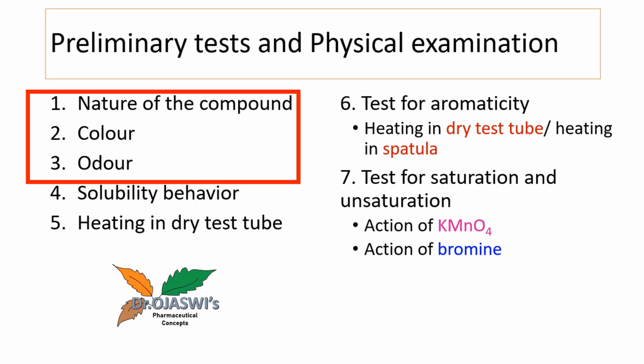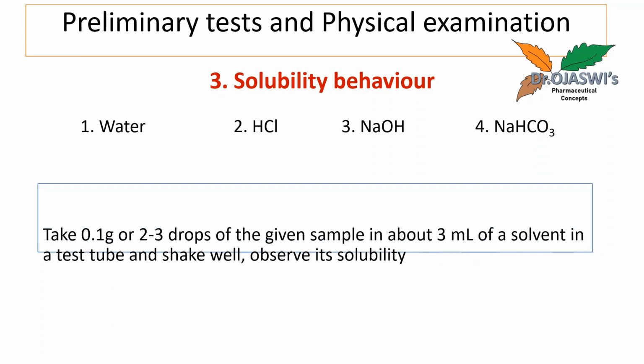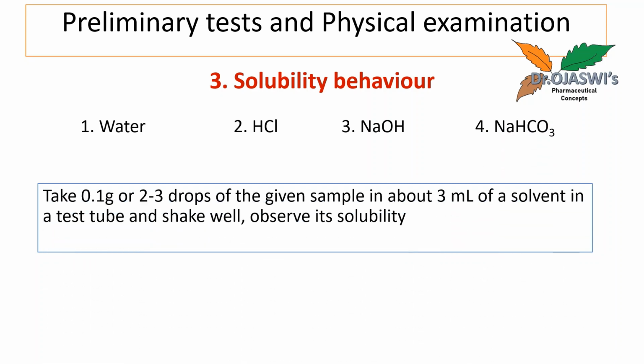Okay, the next important test is the solubility of the compound in some of the solvents like water, sodium hydroxide, hydrochloric acid and sodium bicarbonate. We have to take a very little amount of sample in 2 to 3 ml of solvent in a test tube. Shake well and observe the solubility.